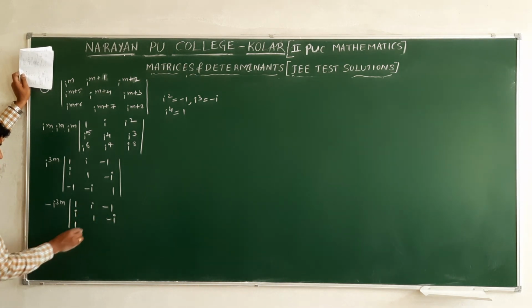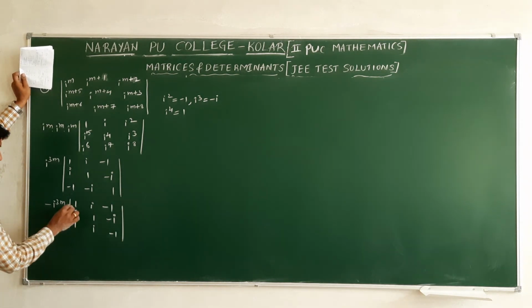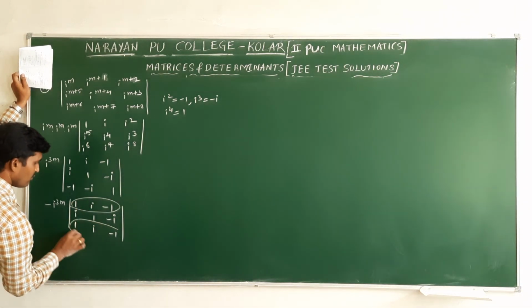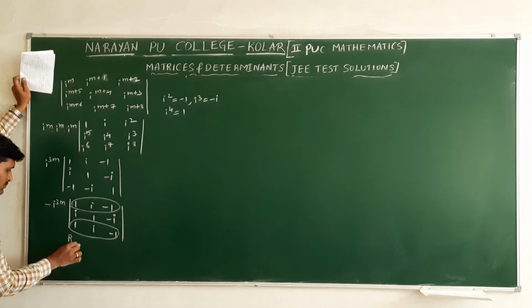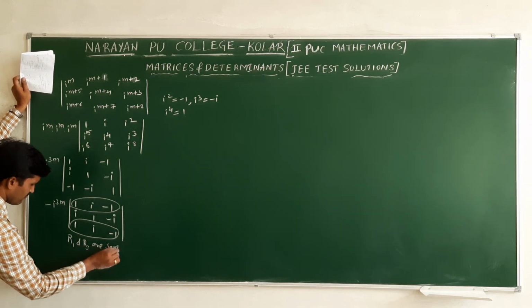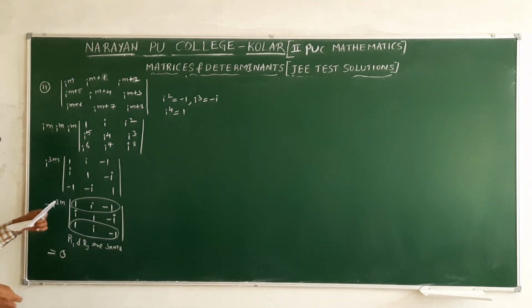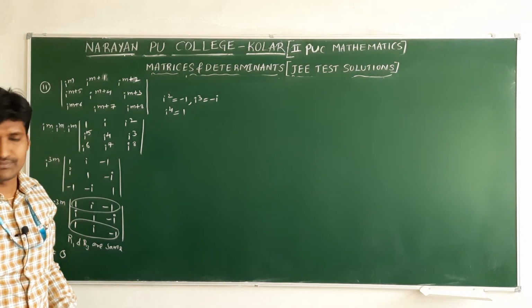Minus common means what will we get? 1, i, minus 1. Now which rows are identical now? First row and third row. R1, R3 identical, or I can write same. So identical or same means the value of determinant is 0, that is option 2 is the correct one.